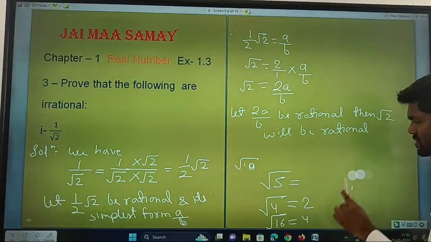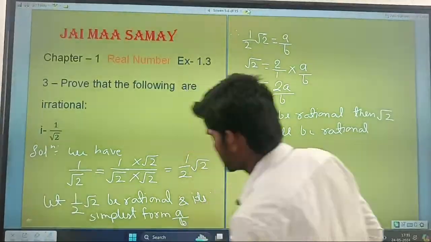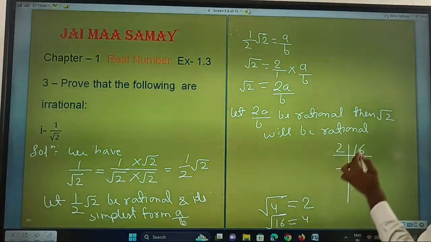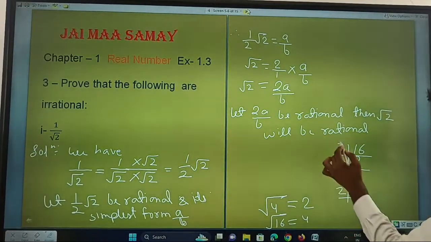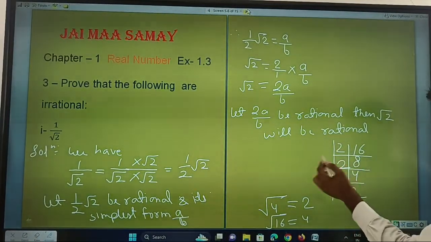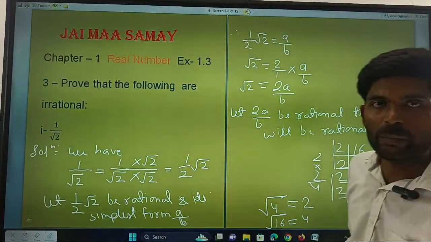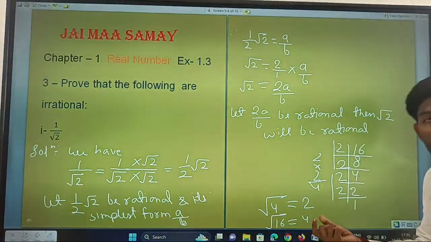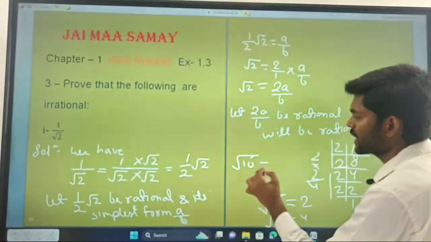Now 16: first I am going to erase. How is 16 a perfect square? Take the prime factors of 16. Then, dear, make pairs. Clear? 2, 2 is 4. You can make pairs with nothing remaining, then that is rational. But in 10 you can't.